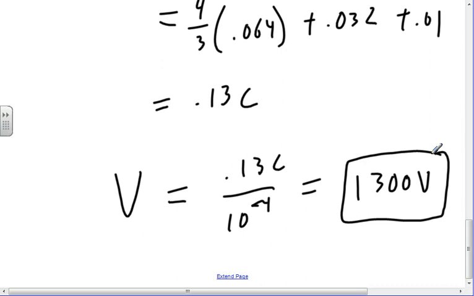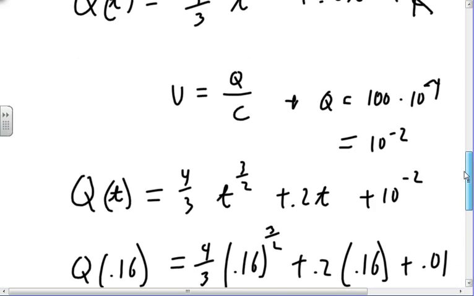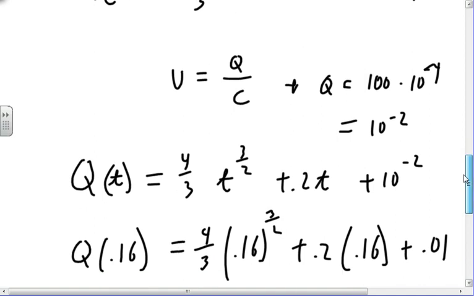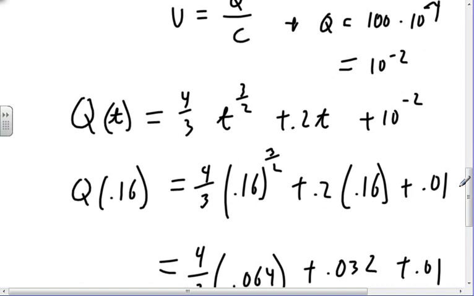And if I go back, should we go back or should we go on? It's good. So if I go back to, that's 10 to the minus 2. That's there. Okay, let's look at 0.16 raised to the 3 halves.